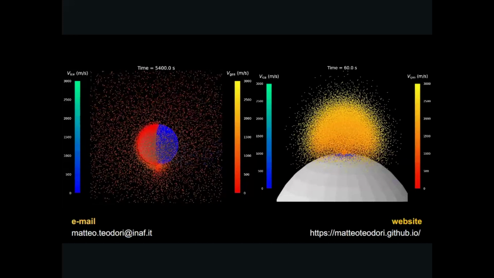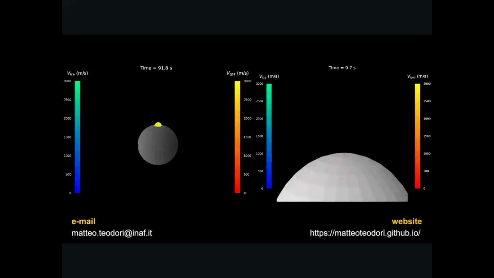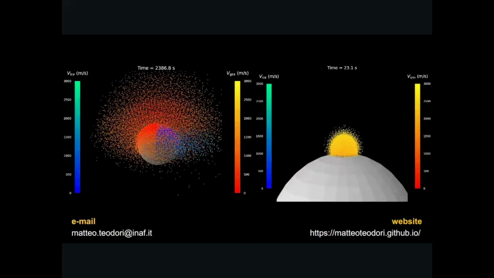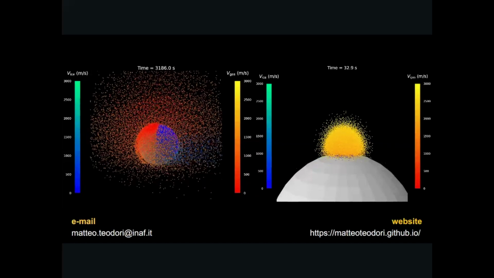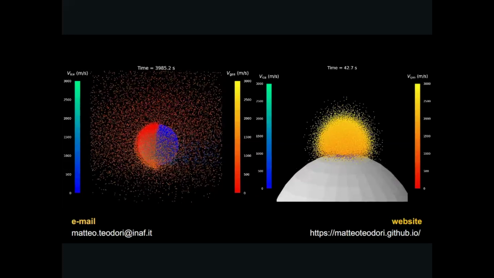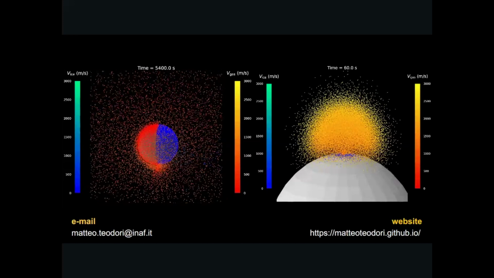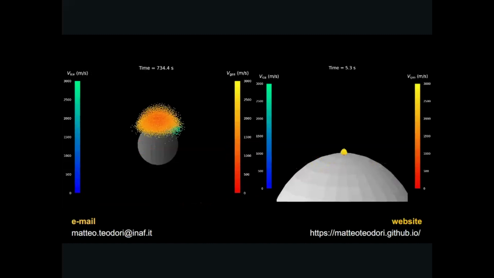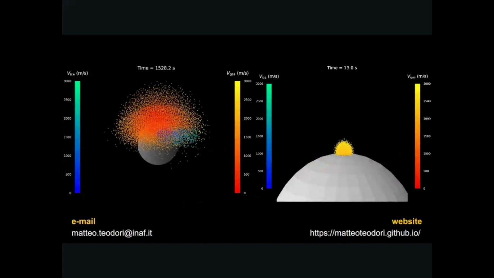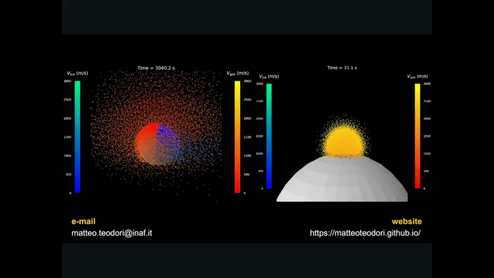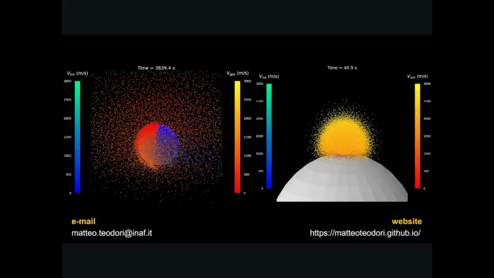So I'm making some tests changing the initial fraction of icy grains. The first time I was introducing icy grains at the beginning, and the picture changed a lot. I'm still not confident about the results that we have found, but you see an important fraction of ice in the plume, which has a large variability.